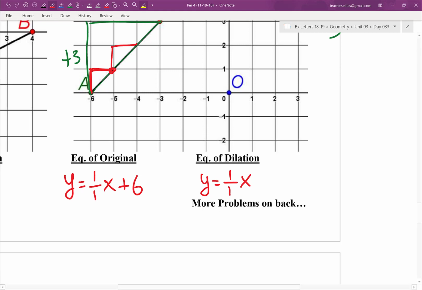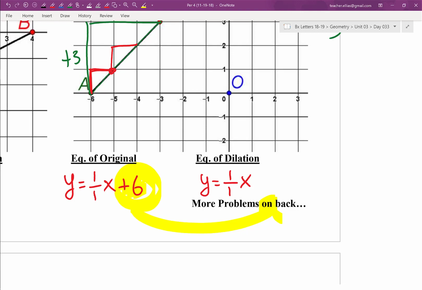Here's the last thing. This is your y-intercept. Somebody tell Xavier what we have to do to our y-intercept to get the new one. Multiply by the decimal. What are we multiplying by? 0.3.